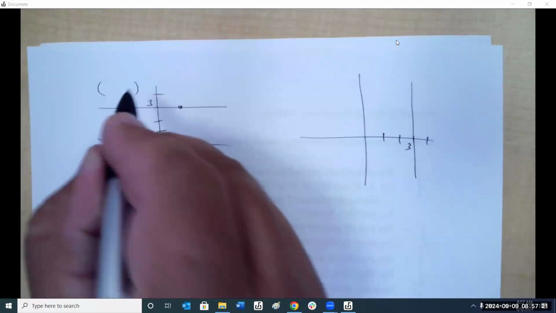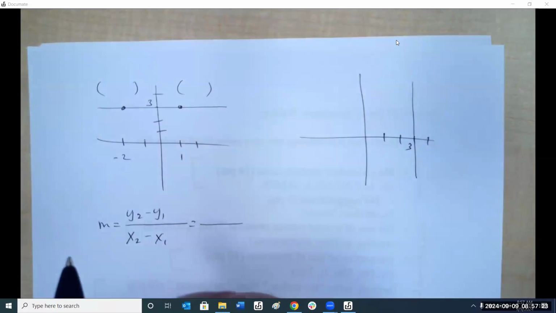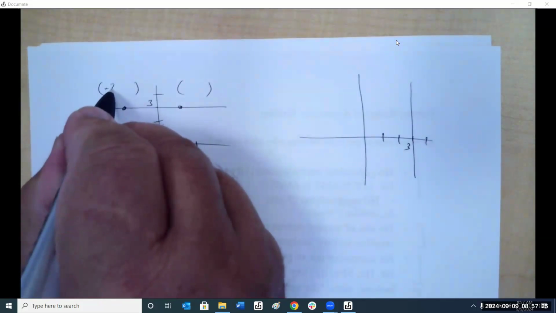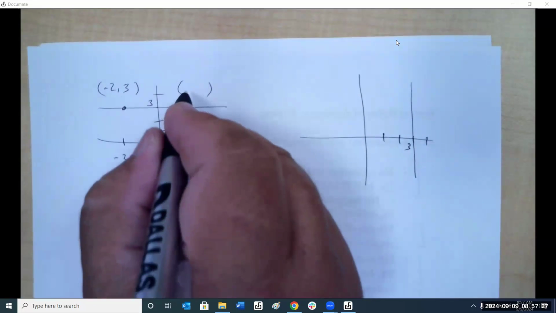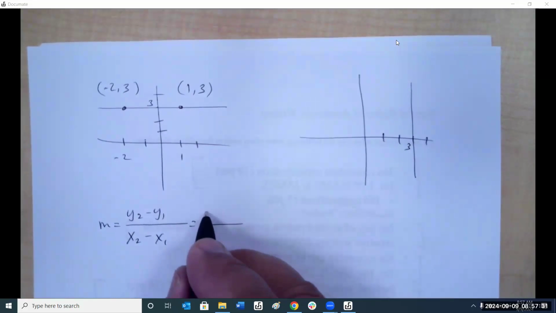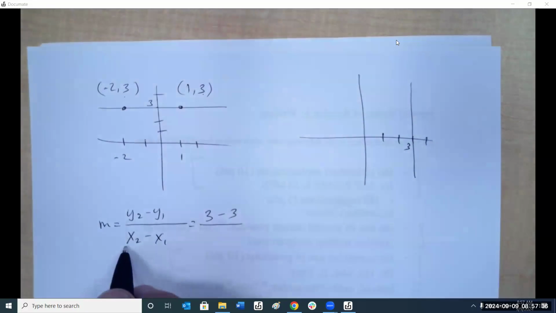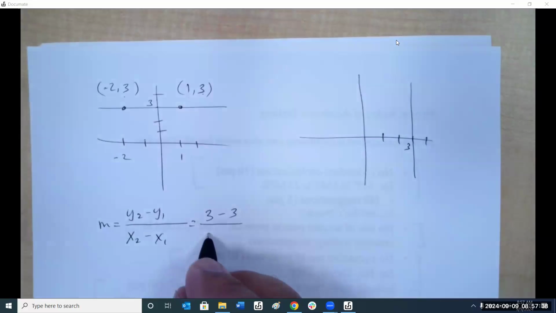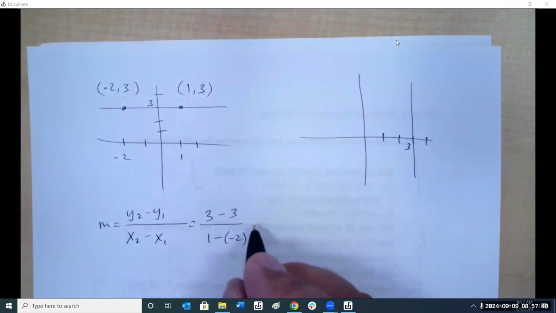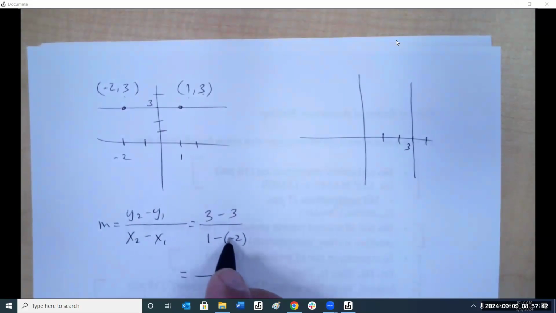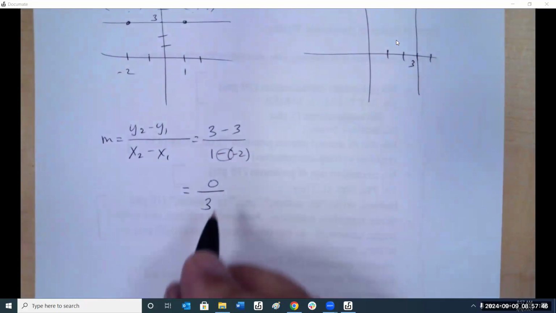What are the point locations? -2, 3 and 1, 3. Y is 3 minus 3, x is 1 minus -2, which is positive. So we have 0 over 3, which is 0.